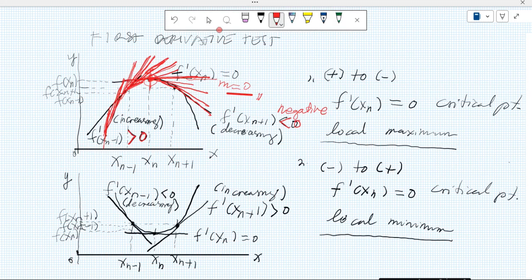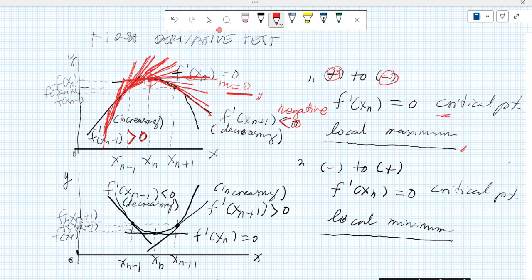After a while there's a further decline, so you have something less than 0, so it's essentially decreasing. So we see that going from positive to negative, the value has to go through 0, so the first derivative at the critical point is essentially 0, and then we have a local maximum.